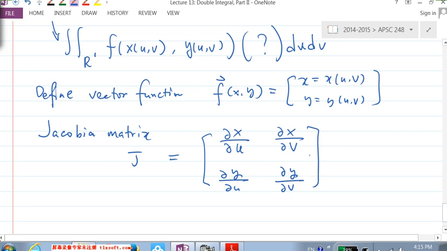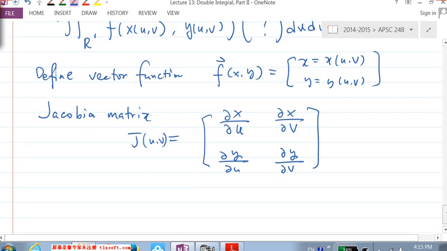You have a vector function containing two functions, and when you take the partial derivatives with respect to u and v, you get this. That's a matrix of functions of u and v.